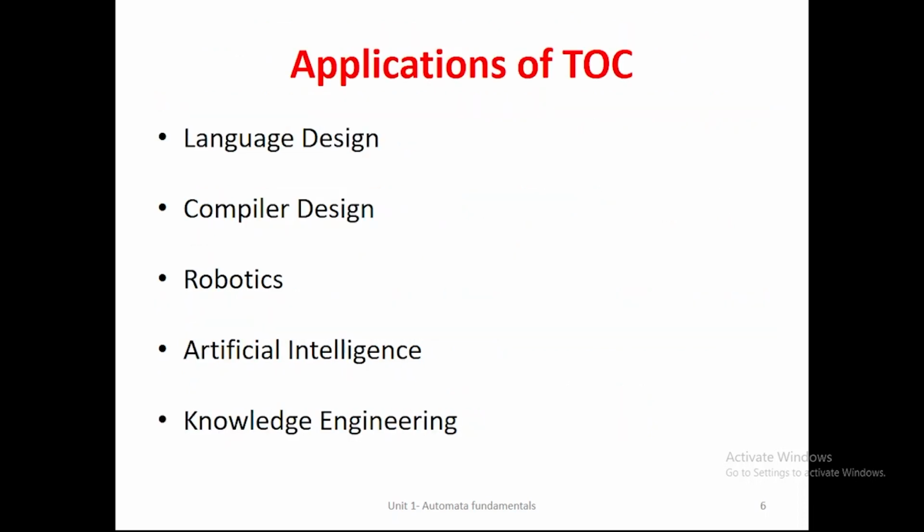Here a few applications of theory of computation are listed, the first being language design. Language design means designing a programming language, and for the programming language we need a translator for running those programs. Theory of computation is also involved in designing a computer. It is also used in robotics, artificial intelligence, and knowledge engineering.